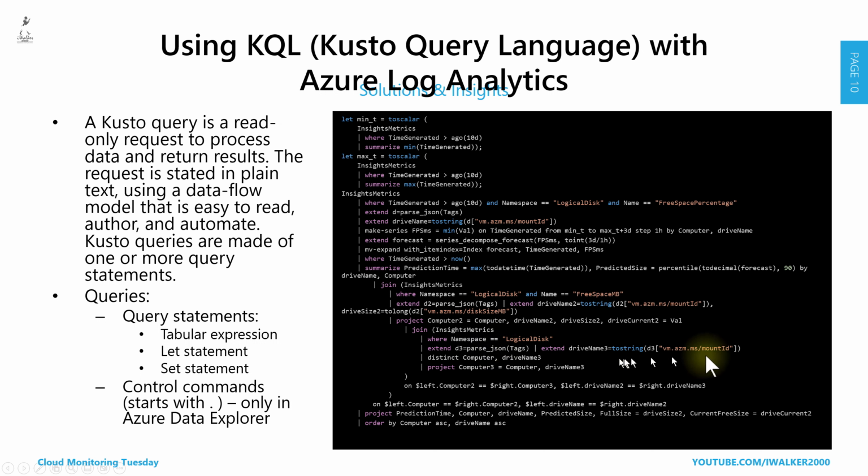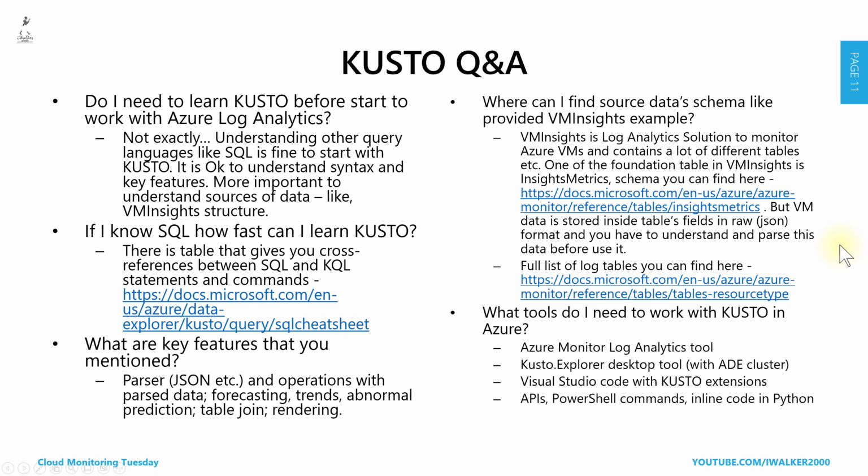Here we are taking just information from the disk to get the free space, and so on. There are a lot of scenarios where you need to know where it's stored, how it's stored, and why it's stored like this. It's more important.